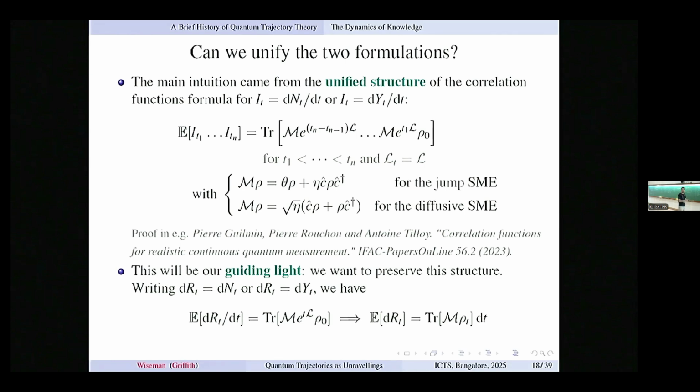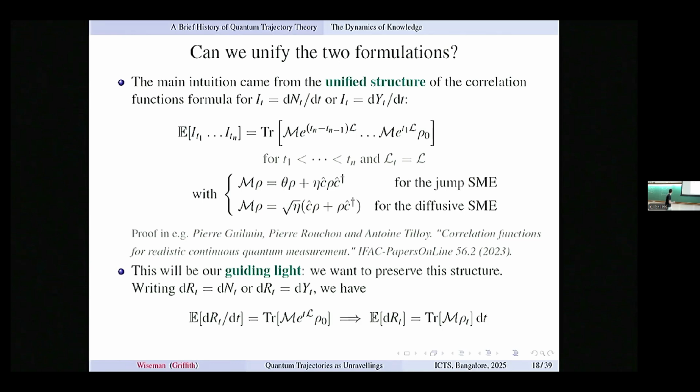So what I'm going to write in the next is some abstract signal, dr, which is either dn or dy. And so if you instantiate this formula for just one point, one time, you have the expectation value of dr over dt, so it's either dn or dy over dt. And it's a trace of just this guy, so m expectation value of TL. So what I'm going to use in the rest is just this, okay? The expectation value of the signal is a trace of this superoperator applied to m dt.